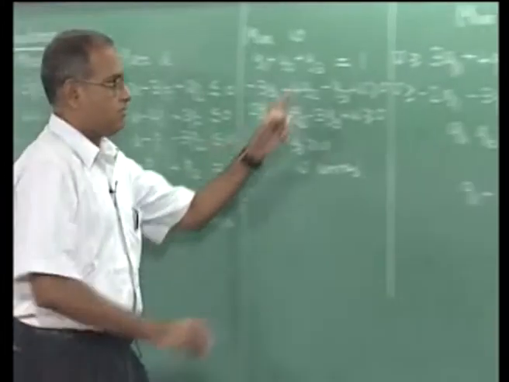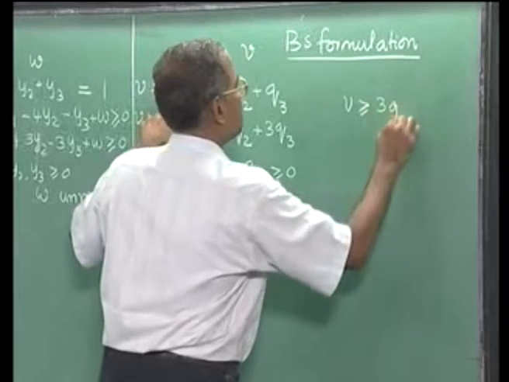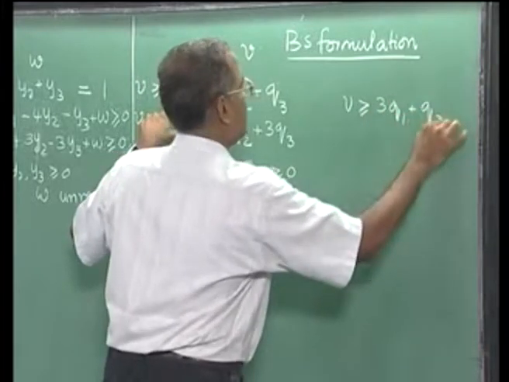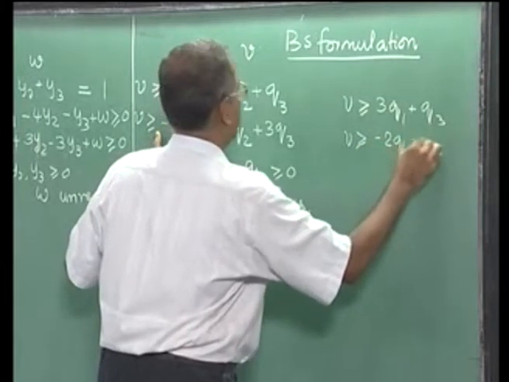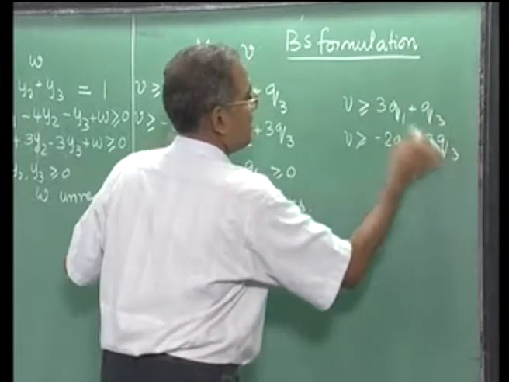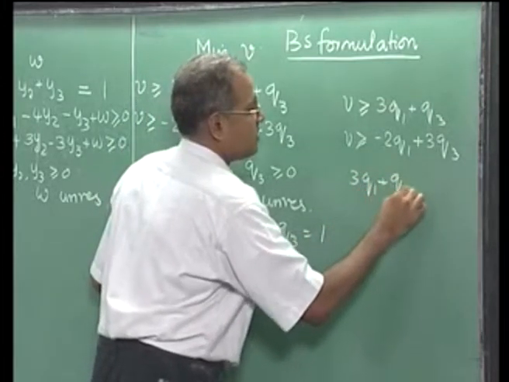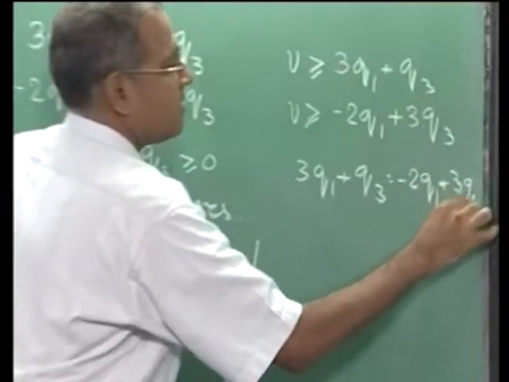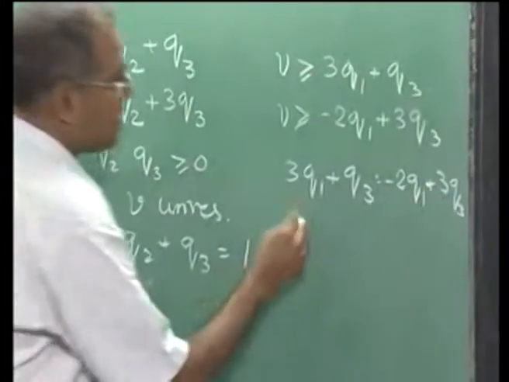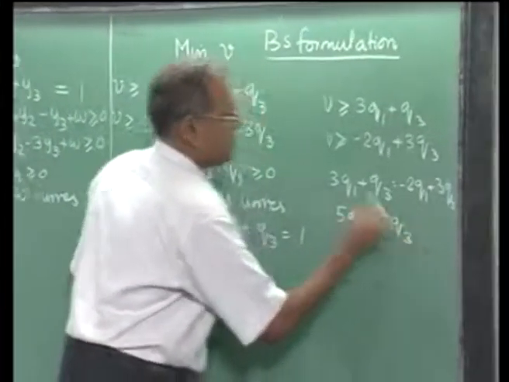So from this we get V is greater than or equal to 3q1 plus q3, and V is greater than or equal to minus 2q1 plus 3q3. So we solve for these two. 3q1 plus q3 is equal to minus 2q1 plus 3q3. This would give us 5q1 is equal to 2q3.